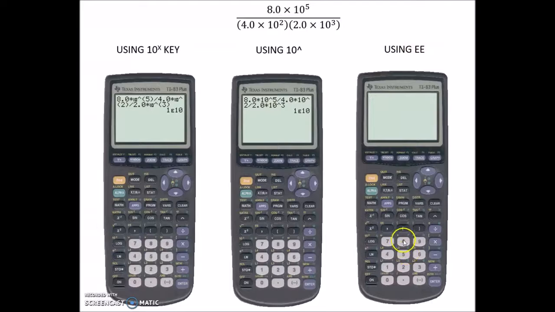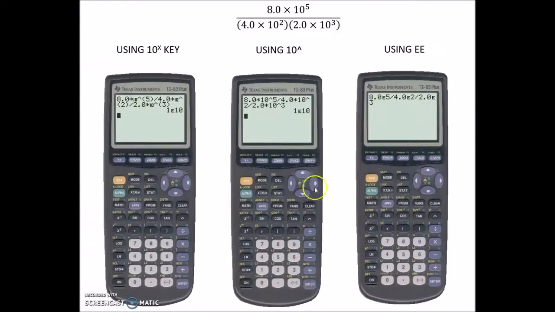Now we're going to use the EE key and actually get the correct answer for this problem. 8.0 EE 5, divided by the first part of the denominator, 4.0, and then that EE key with the number 2, and then divided by the second part of the denominator, 2.0 EE 3.